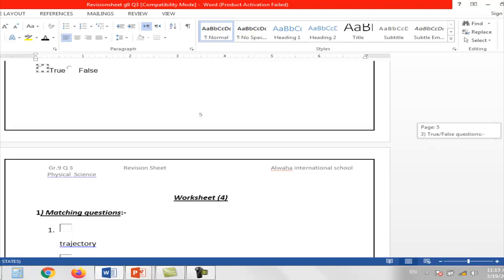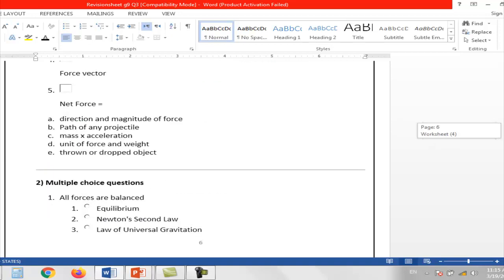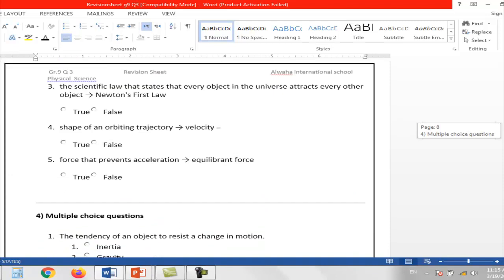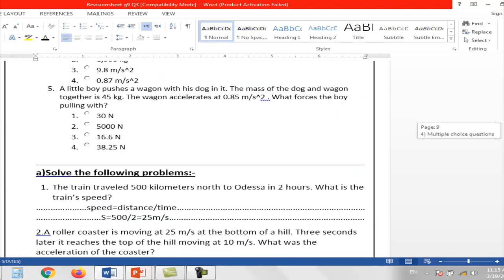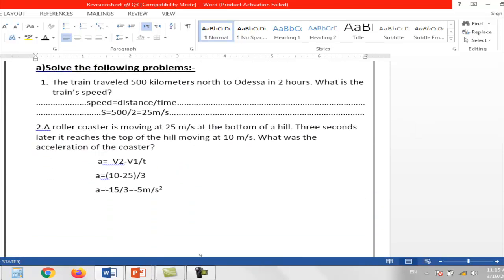Okay, let us solve this problem. Here, a train travels 500 kilometers in 2 hours. What is the train's speed? We know from the law that speed equals distance divided by time, so we have to write the law. After that, speed equals distance, here 500, divided by the time, 2.